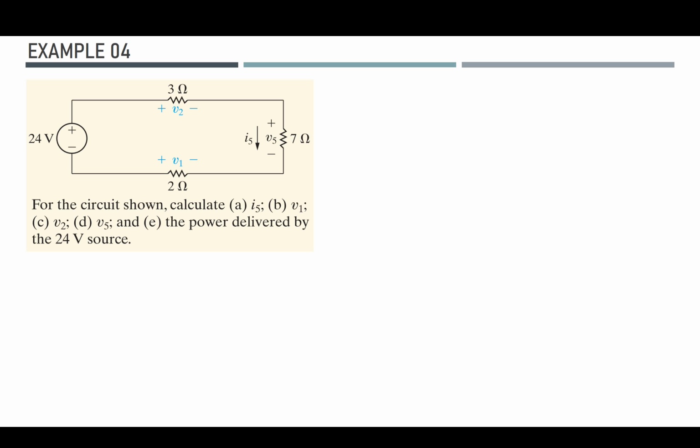start using KVL, because when we have a loop, we are given certain predetermined or pre-selected references. We don't care if they're absolutely correct or not. The important thing is being consistent. Now if I go clockwise within the loop, I can simply create this current path consistent with I5.